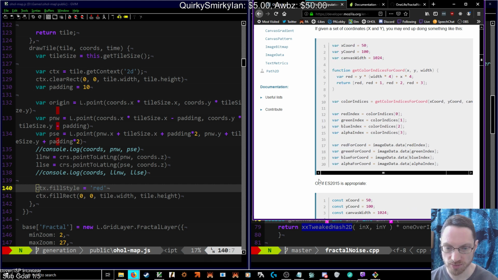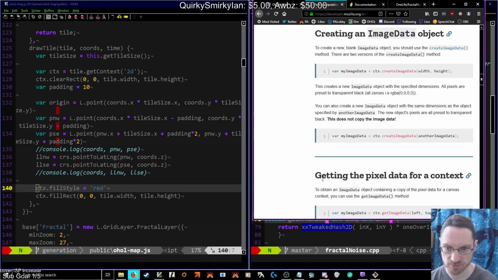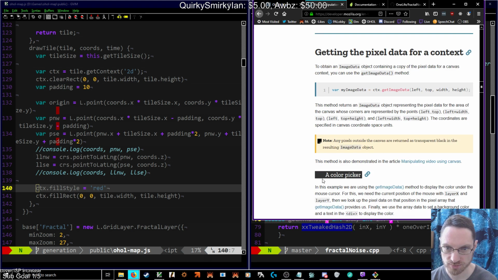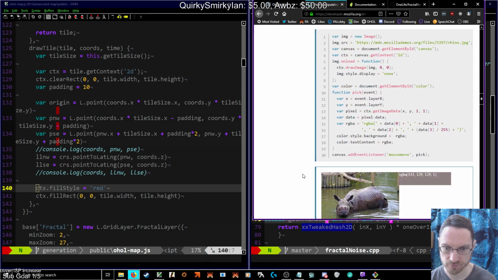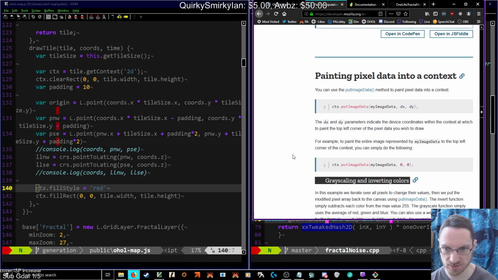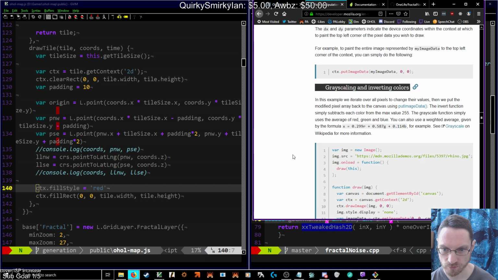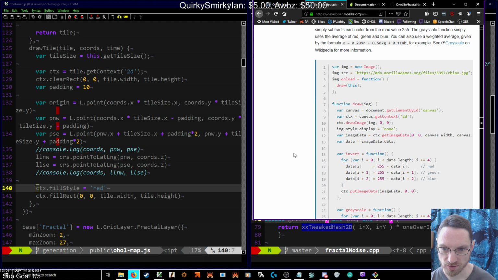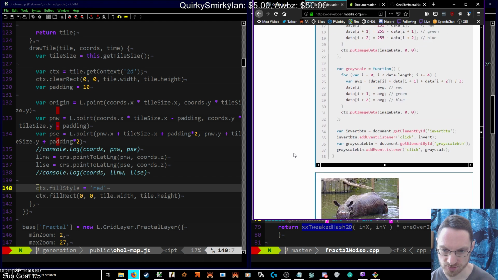We're just assuming an image data here. Copy of painting data. Put image data. Grayscaling and inverting colors.